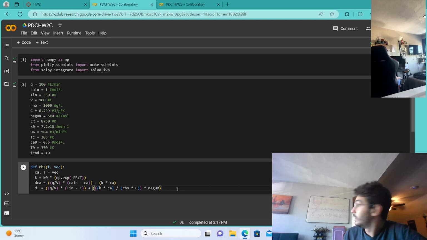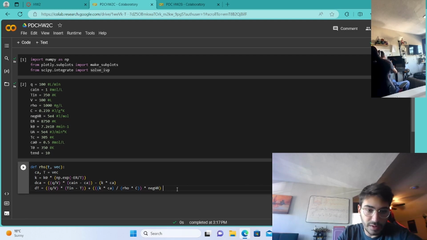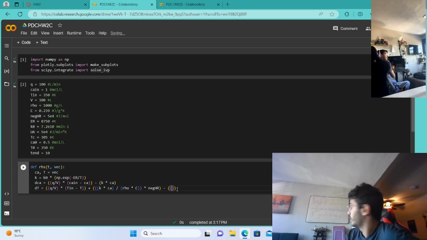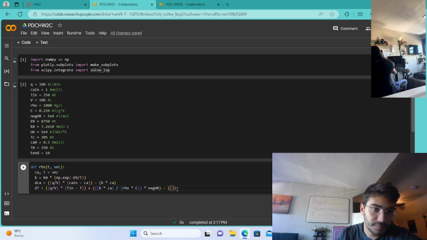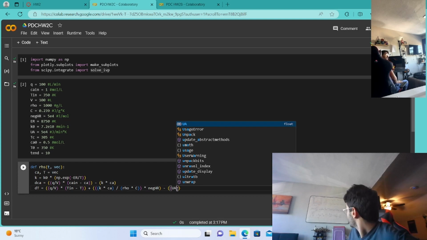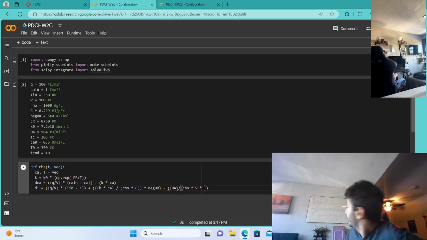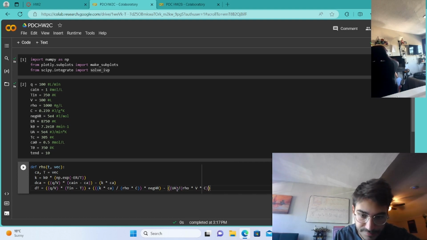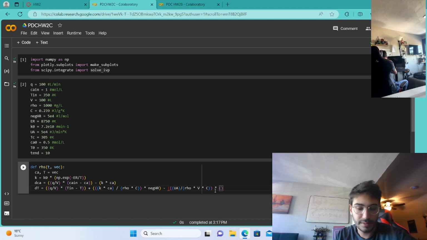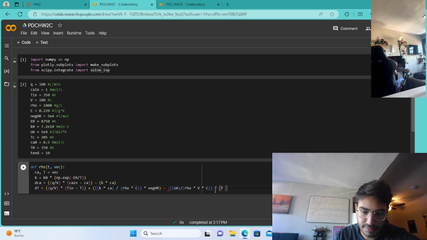Okay, and then we can subtract this final value, which is UA divided by rho times V times constant C. And that whole thing is then multiplied by T minus TC.